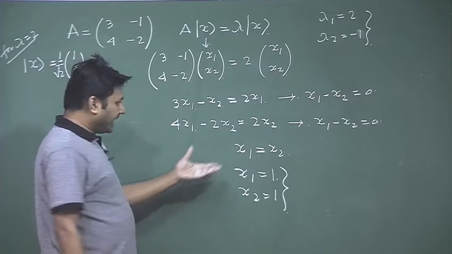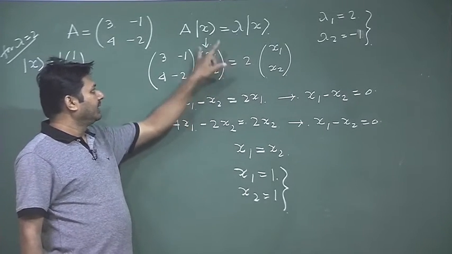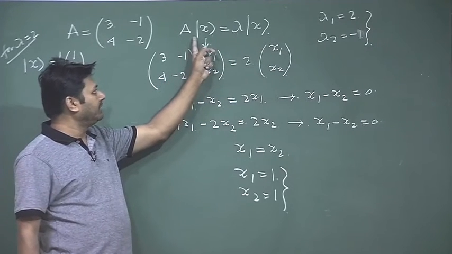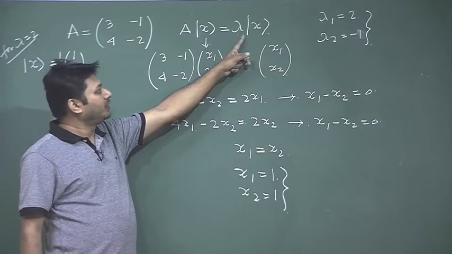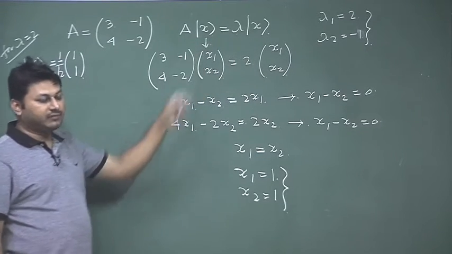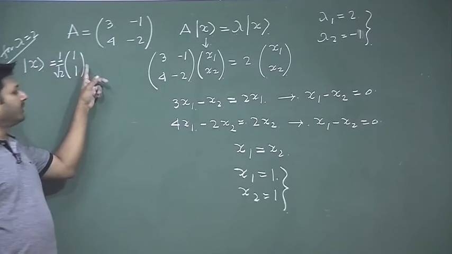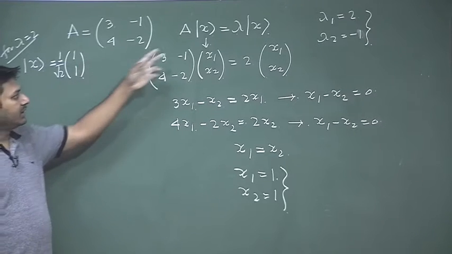Now, why am I not getting a unique result? If you check, you will find that if x and x is an eigenvector, then if I multiply any number with it, that will automatically be an eigenvector of A. So there is an infinite number of possibilities for the eigenvector. Whether I multiply by 5, 6, 7, whatever number, that will automatically be an eigenvector.